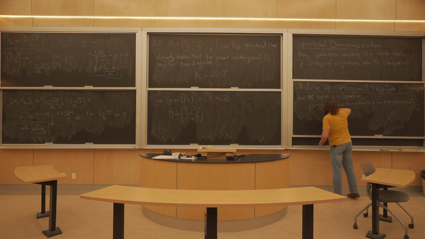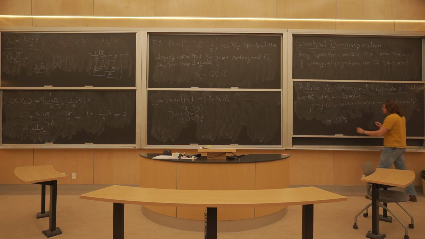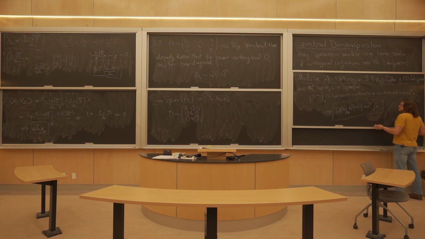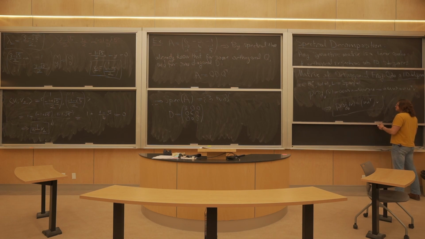Maybe I should just write proj sub U, because that was the notation we used last week as well. So this matrix corresponds to projection onto the space spanned by U.